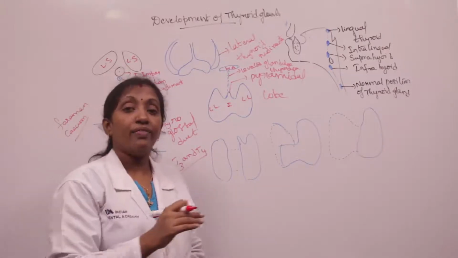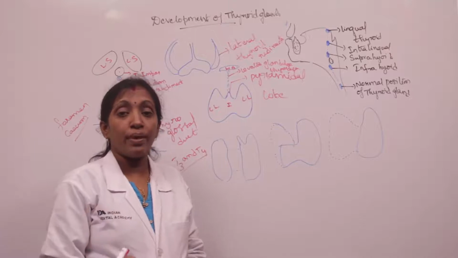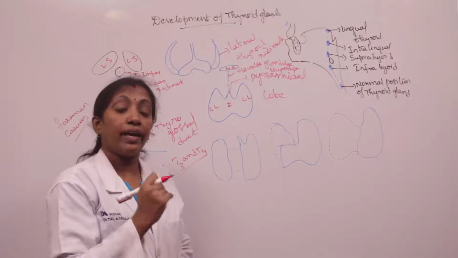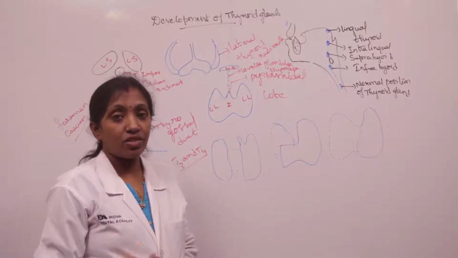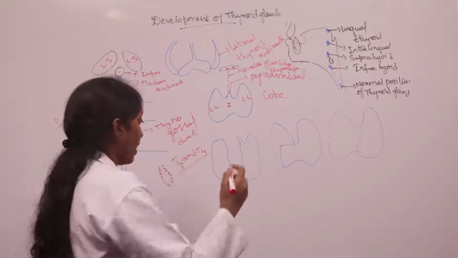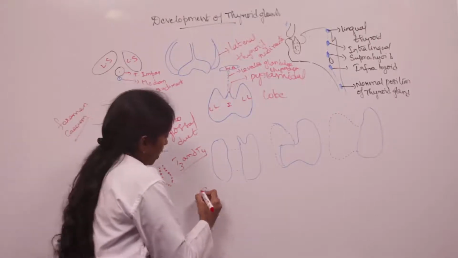So what is the caudal pharyngeal complex? It is nothing but the endodermal pouch of the fourth arch and the endodermal pouch of the sixth arch. Together they form the complex called the caudal pharyngeal complex.